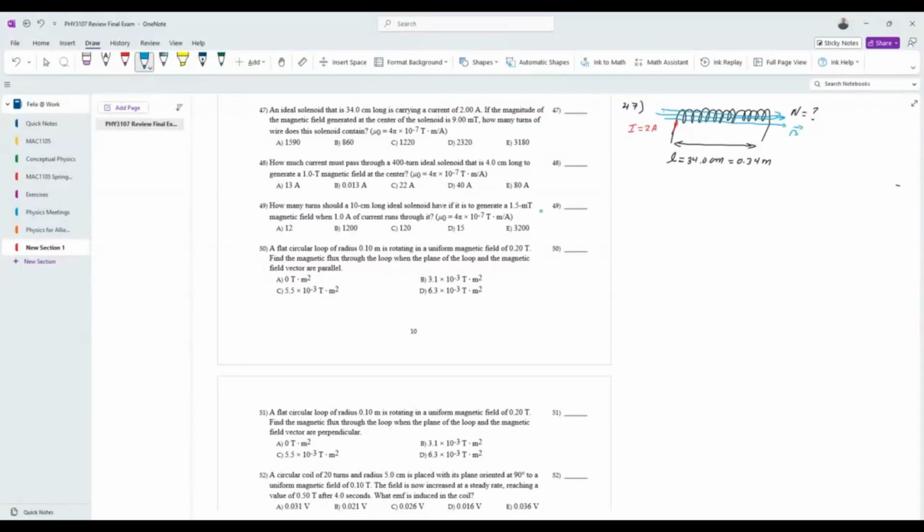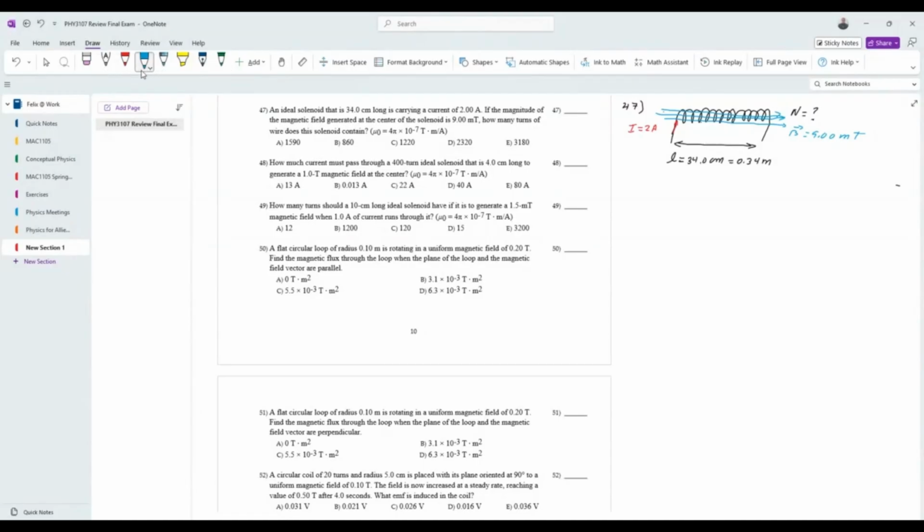This will be the magnetic field. And this magnetic field is 9 millitesla. This magnetic field is inside the loops, passing through inside the loops. So we want to find how many turns are here.